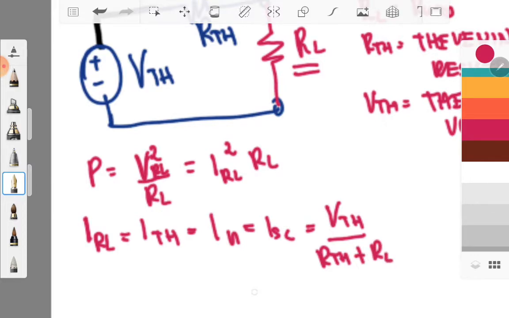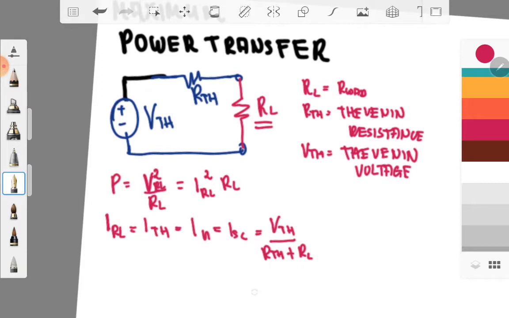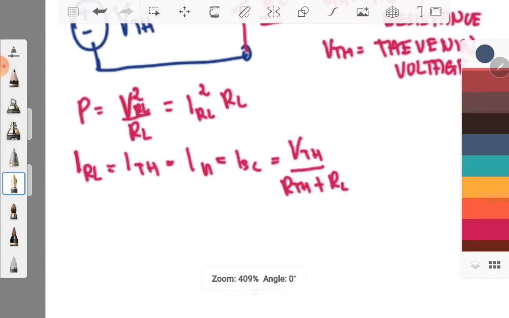Why? Basically because this is just a series connected circuit. So we discussed in the book that the formula for your Pmax is equal to VTH squared over 4 RTH.